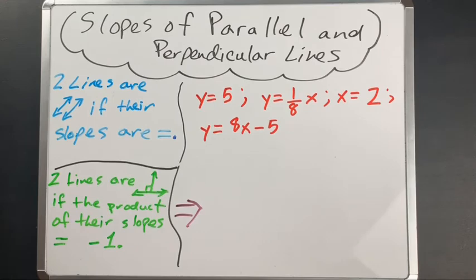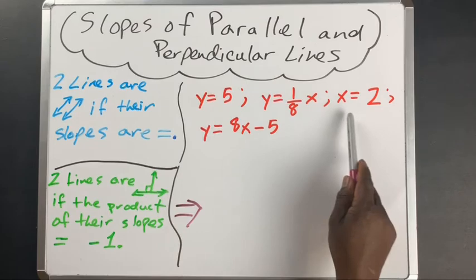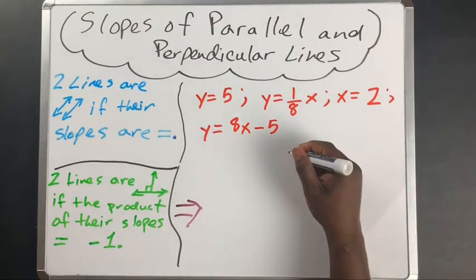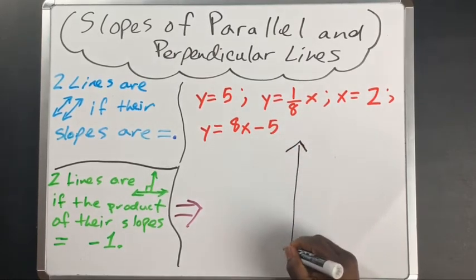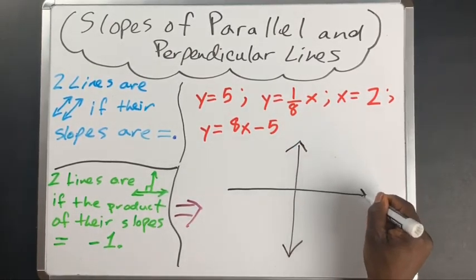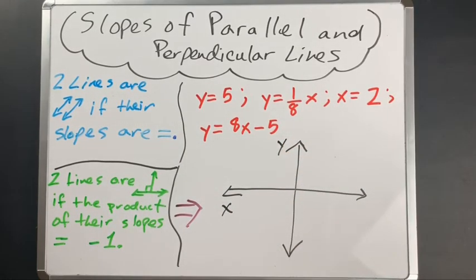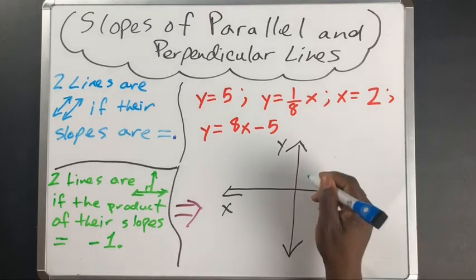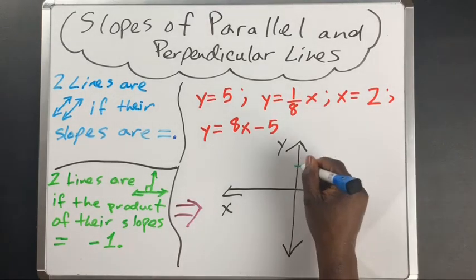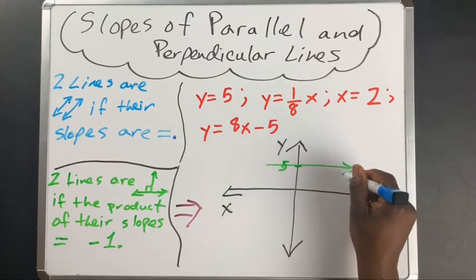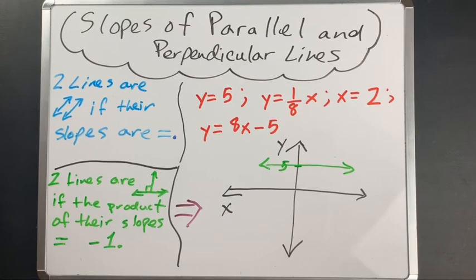Well, we also have a case where y equals 5 and x equals 2. So I'm going to draw a coordinate plane. This is the y-axis and that's the x-axis. Let's graph y equals 5. If I say that this is 5, then that is y equals 5.